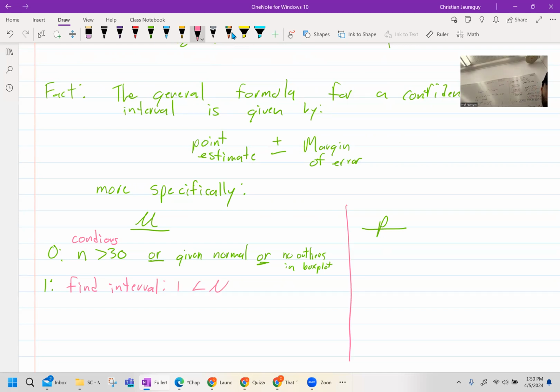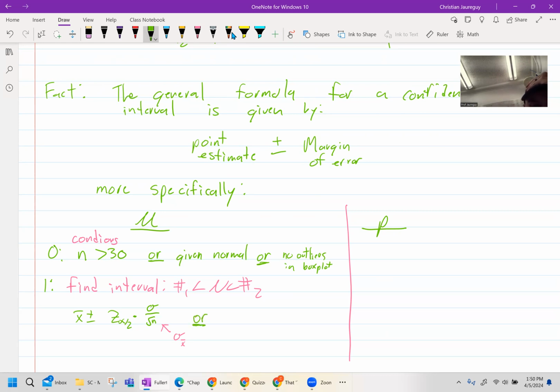Mu is between some number 1 and number 2. X bar, and leave some space, right? This to the left. X bar plus or minus Z alpha over 2 times sigma over square root of n. Because remember, that's sigma sub X bar. I'm going to put an or here. And then the last step is conclusion.